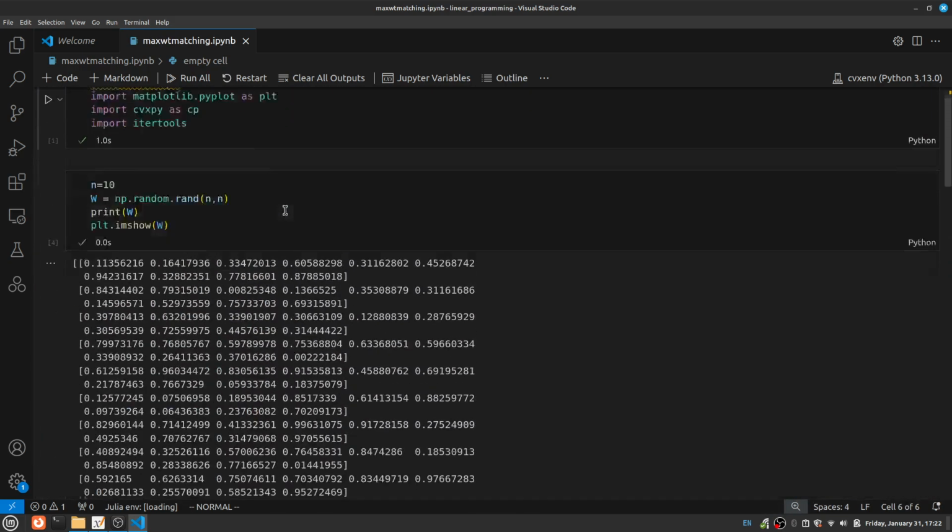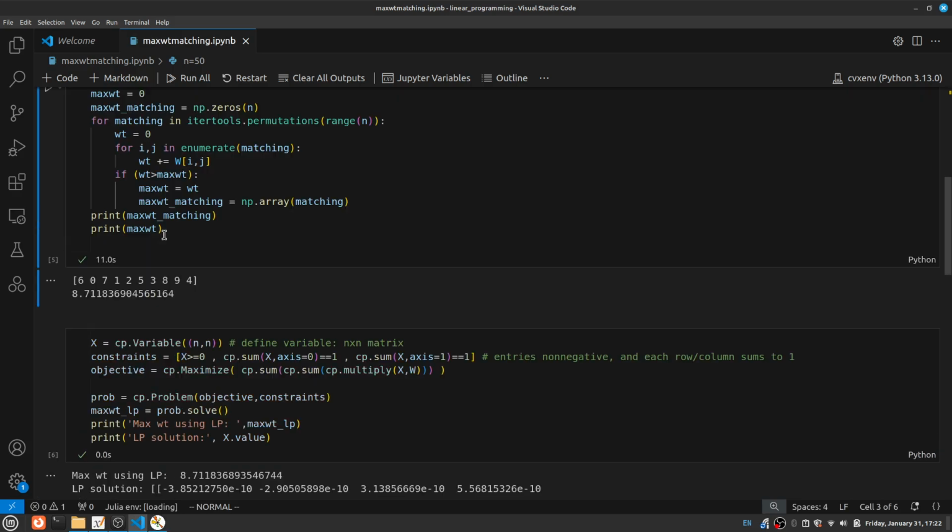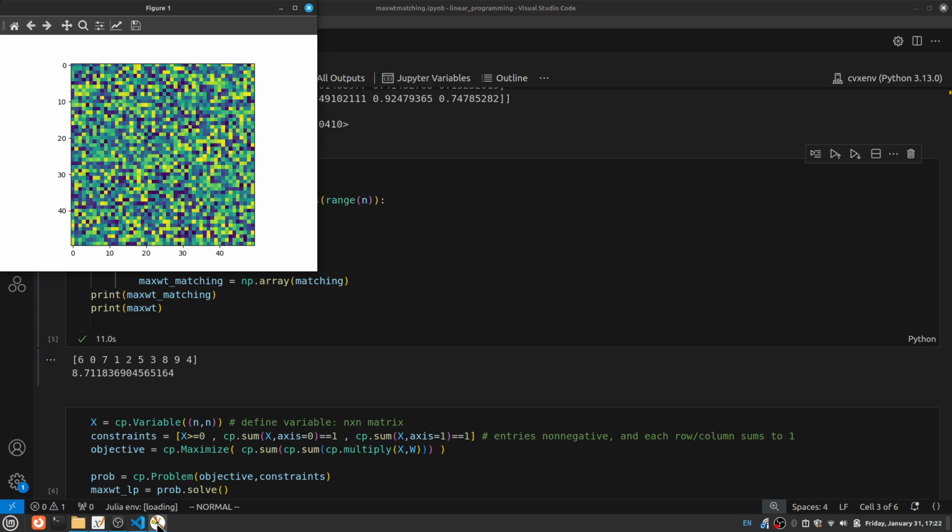So let me just generate something else. In fact, let's take a 50 by 50 matrix. This is what the weight matrix looks like. It's a huge matrix. There is no hope of solving this using the brute force approach, right?